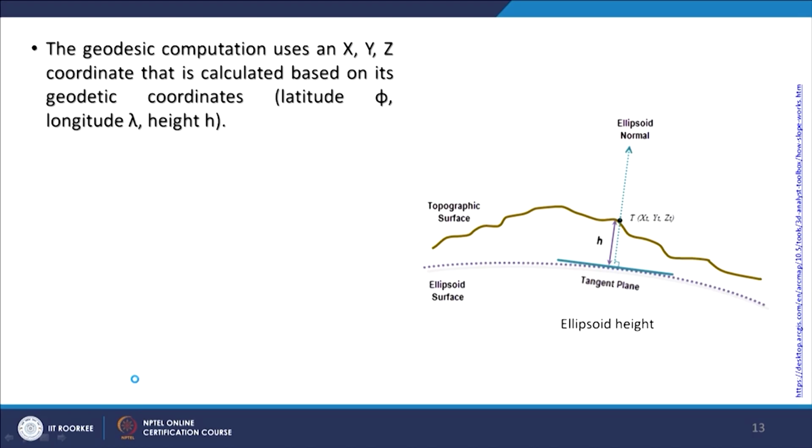Now, in this geodesic computation, the x, y, z coordinates are calculated based on the geodesic coordinates, that is latitude, represented by phi, longitude, lambda, and height h. So, all three are there.